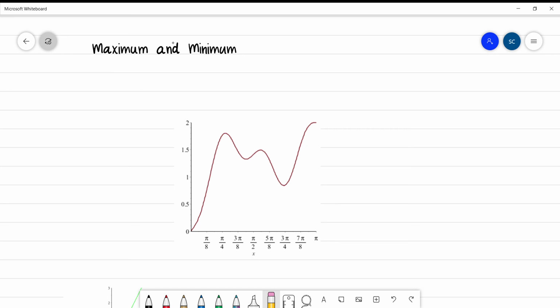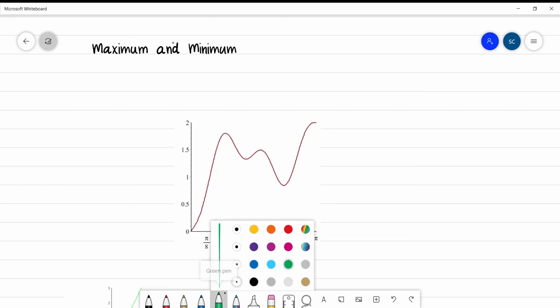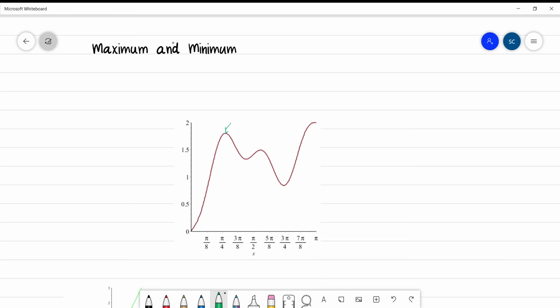Here also it remains larger compared to other x's on some interval. These small mountains, we call them local maximum. So at least this one and this one are local maximum.